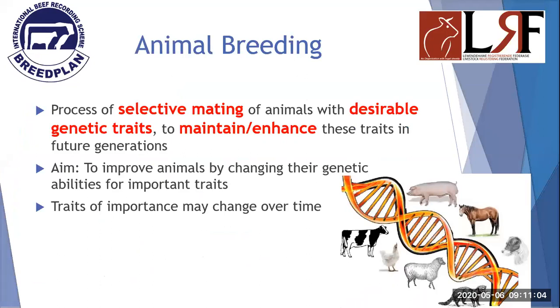So first off, it is important to understand what animal breeding is actually about. So we say that we are doing animal breeding, but what does it actually mean? So we need to do selective mating of animals with desirable traits to maintain or enhance these traits in future generations.